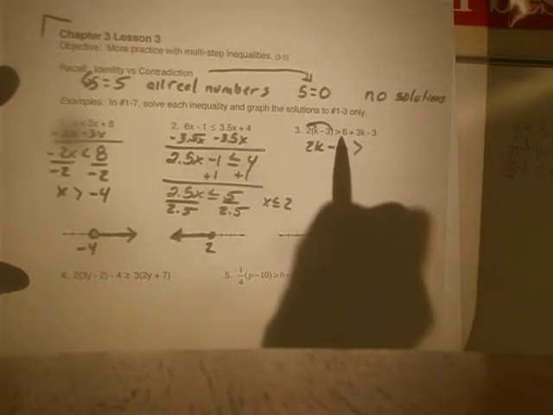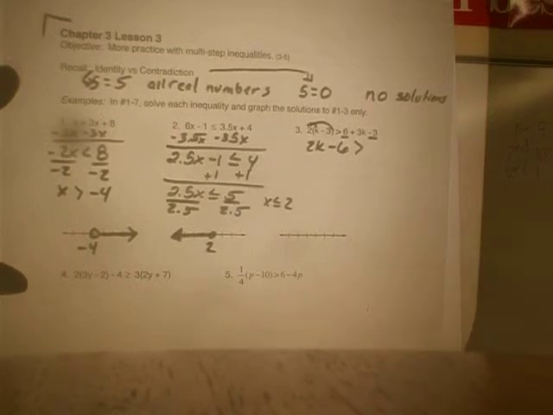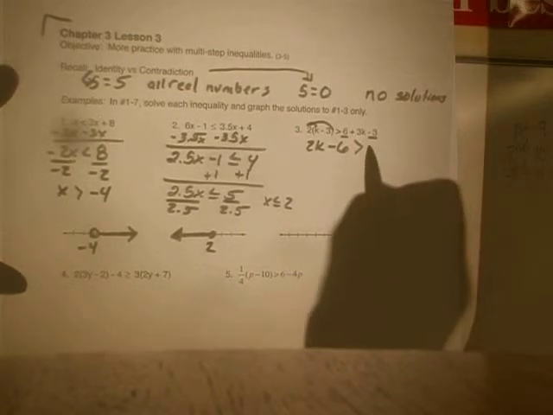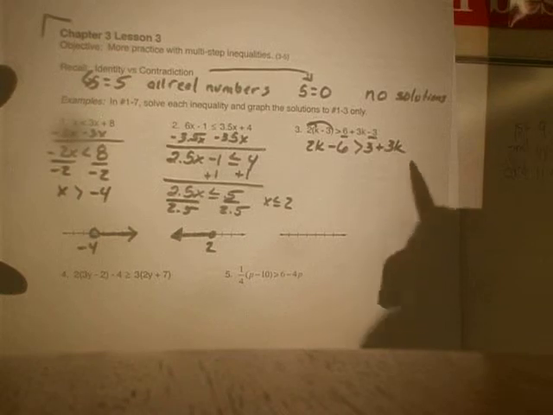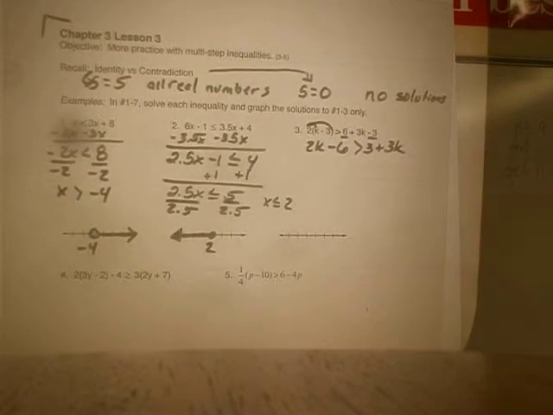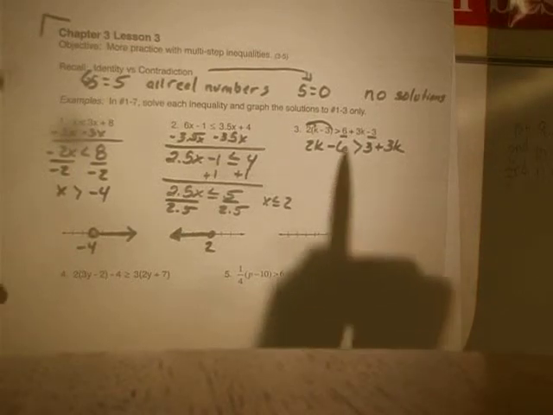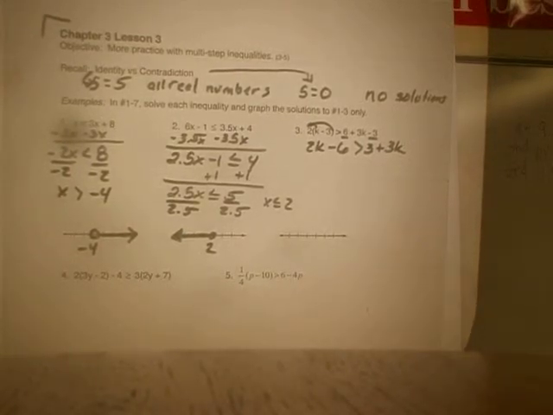We have a 6 and we have a negative 3. So you can put those two things together. 6 subtract 3 is a 3, plus 3k. So all we've done so far is simplify. We distributed. And then we combined the 6 and the negative 3.